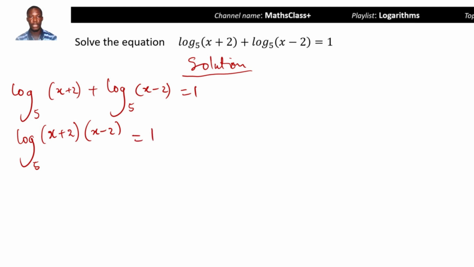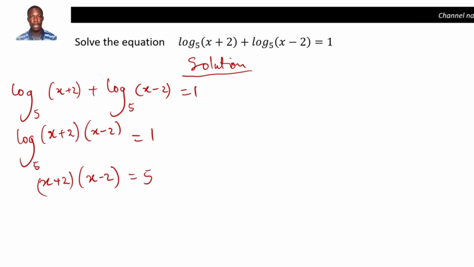So I will change this to indices, and that will give me x plus 2 times x minus 2 is equal to 5 to the power 1, which is equal to 5. Now when you look at the product of the two expressions in brackets, they give us a difference of two squares.